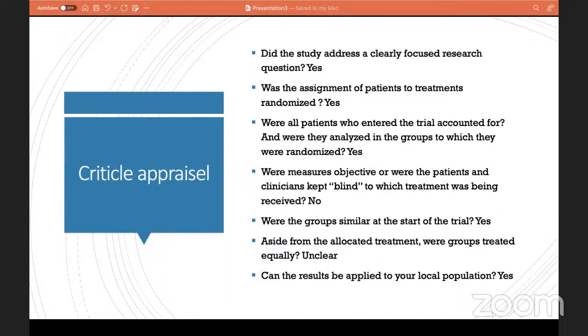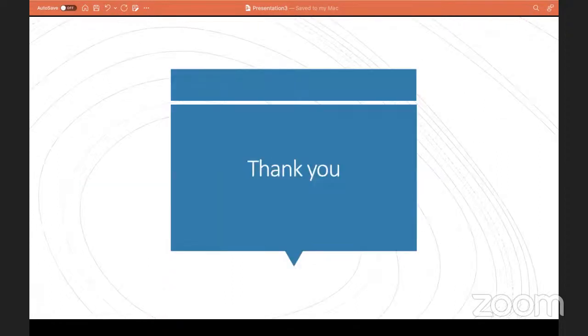No, not in this trial. Were the groups similar at the start of the trial? Yes. Aside from the allocated treatment, were groups treated equally? It was unclear, especially for the oral anticoagulation usage. And lastly, can the result be applied to your local population? Yes. Thank you all for listening, and I will be happy to answer any questions.